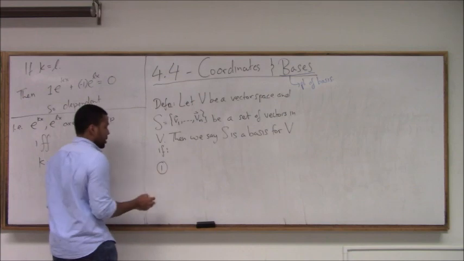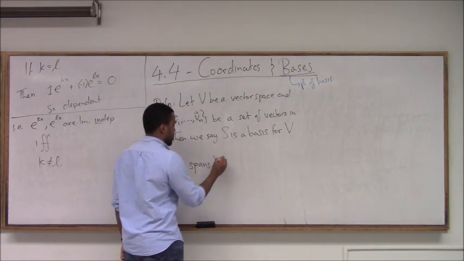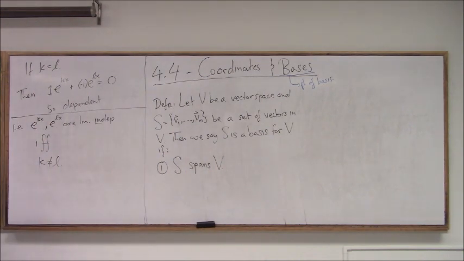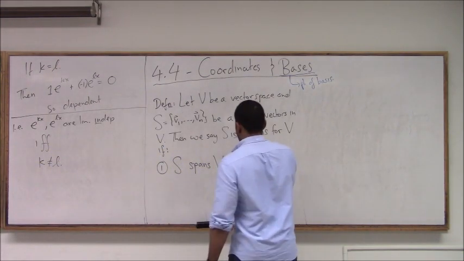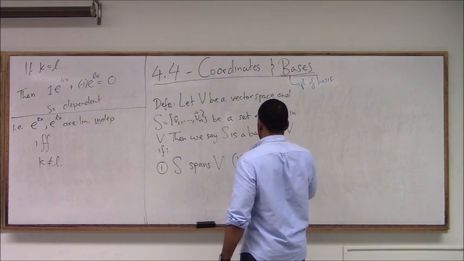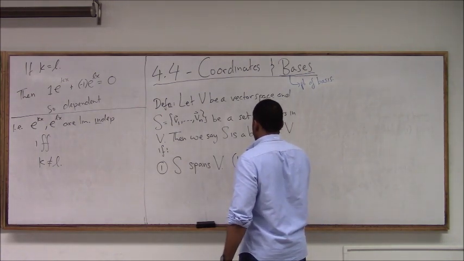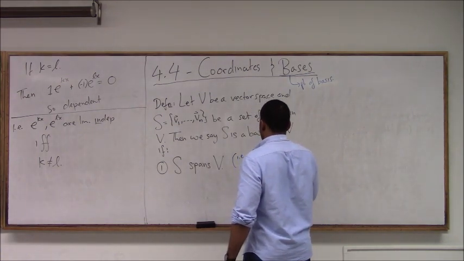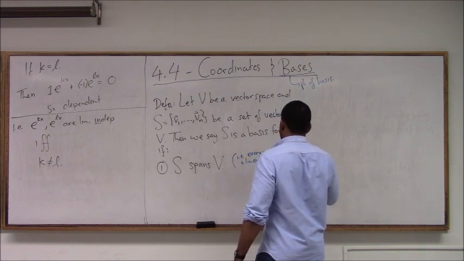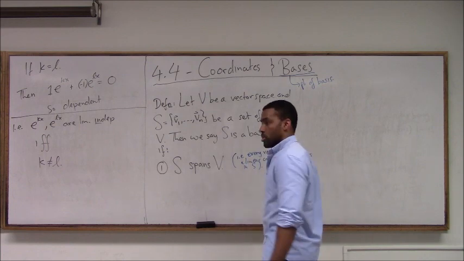One, S spans V, i.e., every vector in V is a linear combination of vectors in S. Right, that's what it means to span.